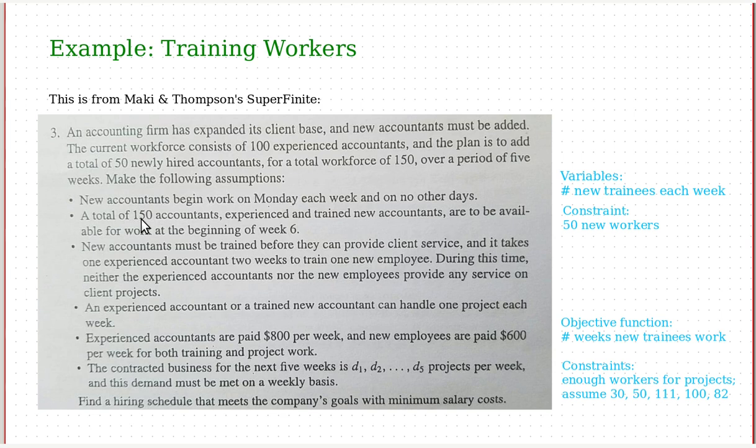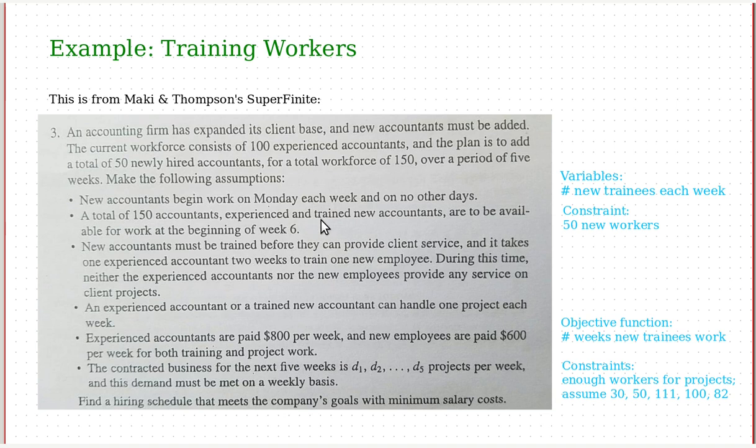Let's see, one constraint here is that we do have to hire a total of 50 new accountants over the course of these 5 weeks, right? Actually, hire and train them over the course of these 5 weeks. And then they all have to be fully trained by the start of week 6.